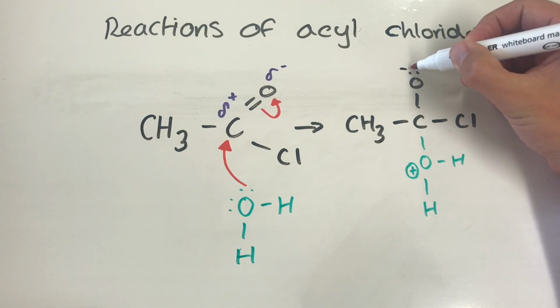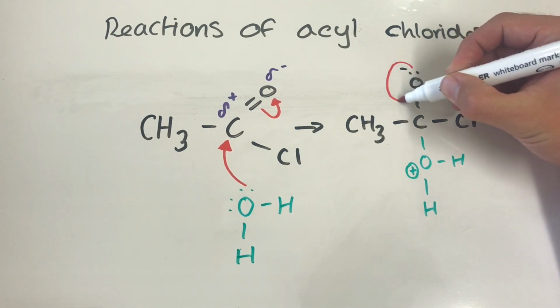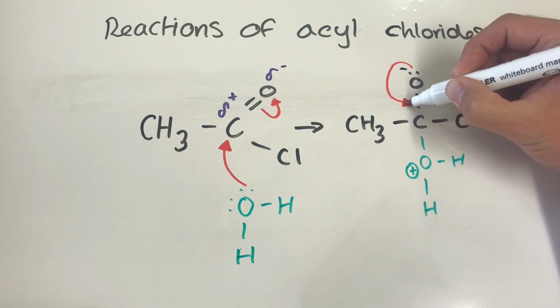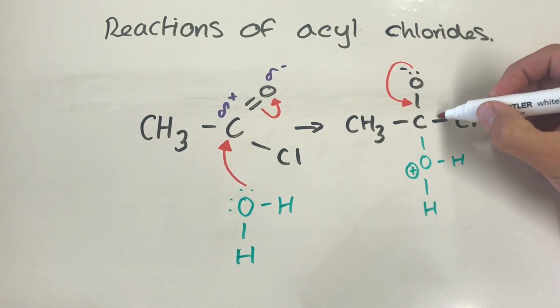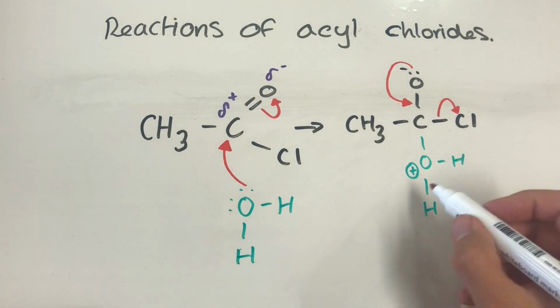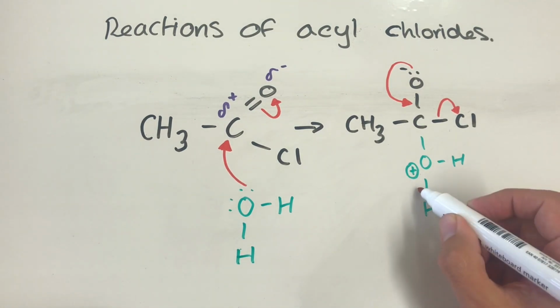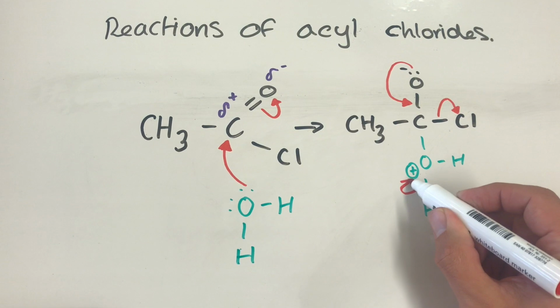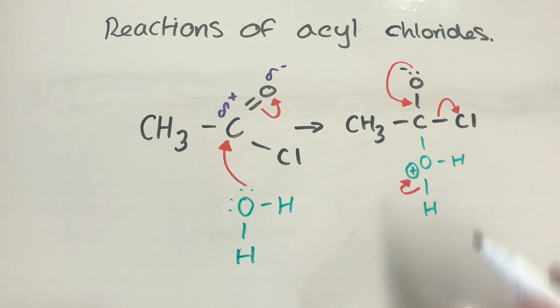What happens is this lone pair of electrons here will go in to reform the double bond. The chlorine is removed, and then one of these hydrogens will cleave off as the electrons are attracted towards the positive charge in the bond.